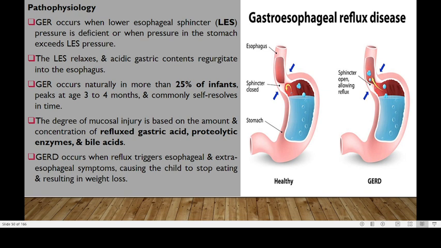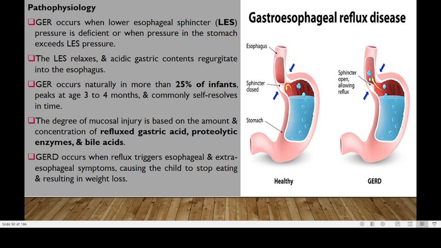Gastroesophageal reflux occurs naturally in more than 25% of infants, peaks at about 3 to 4 months, and commonly self-resolves with time. The degree of mucosal injury is based on the amount and concentration of reflux gastric acid, proteolytic enzymes, and bile acid.